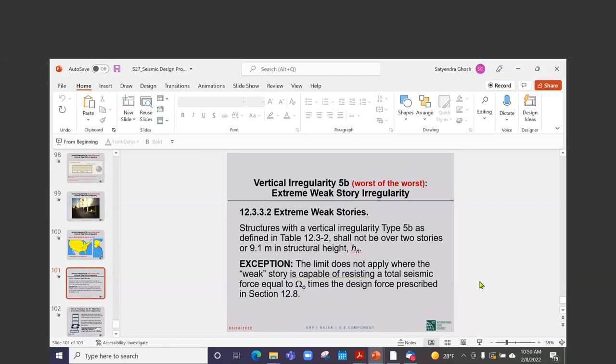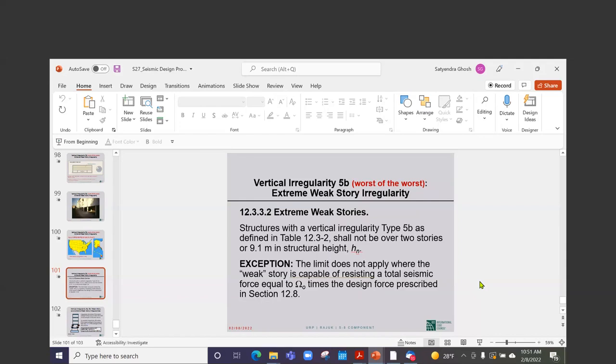So the overstrength, do we have to use overstrength factor only for ground floor members or all frames when the building has a soft story? Okay, I understand the question now.